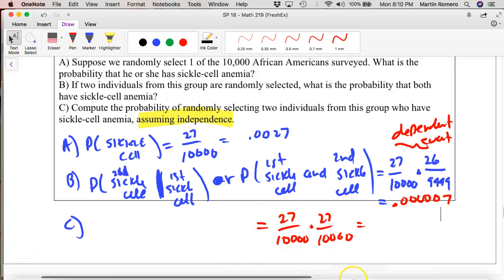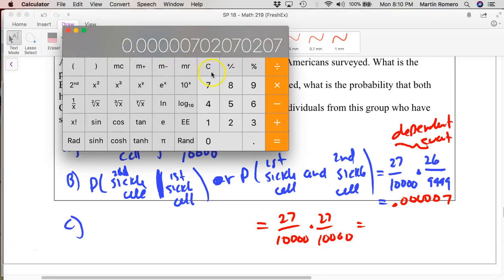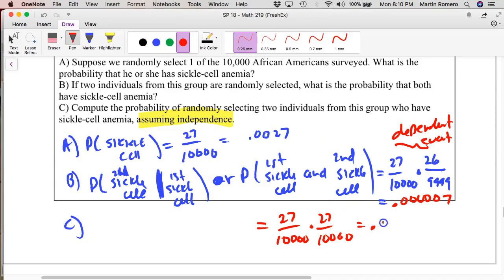And so that just becomes 27 times 27, and that's going to be divided by 10,000 squared. And so notice your answer is 0.000007. So notice they're pretty much the same answer.